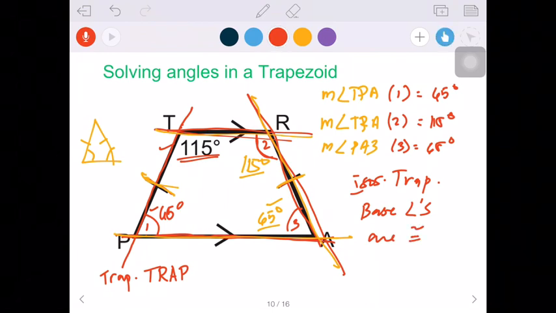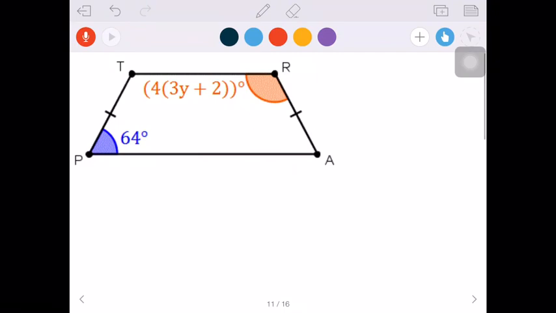Okay, let's proceed to the next example. What about this one? It's still another isosceles trapezoid. You're right, because of our tick marks right here. And so we learned that our base angles are just congruent. So this would also be 64 degrees here.